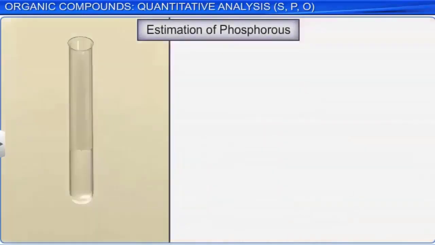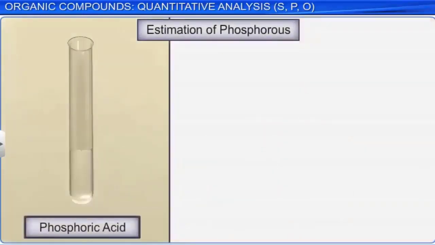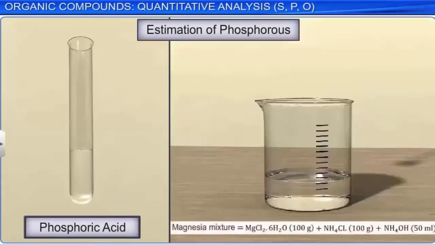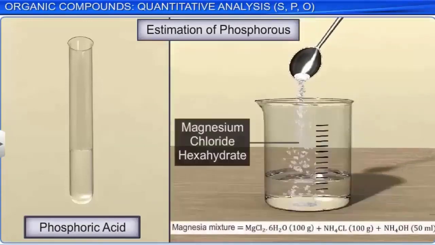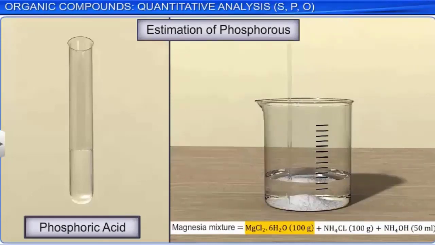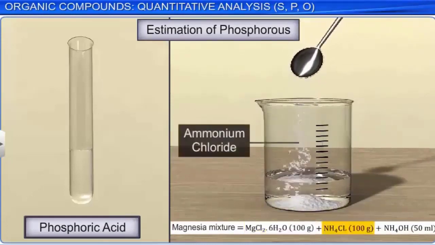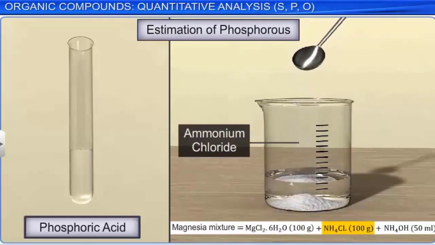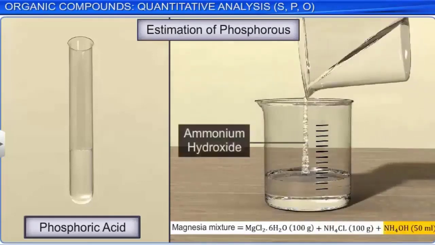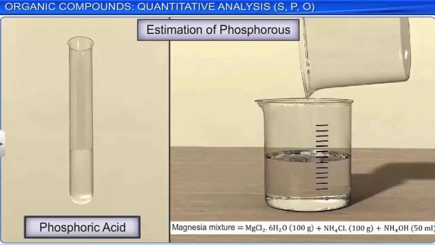Sometimes, phosphoric acid is precipitated by adding magnesium mixture. Magnesium mixture is obtained by dissolving 100 grams of magnesium chloride hexahydrate and 100 grams of ammonium chloride in water. To this, 50 ml of ammonium hydroxide is added and the solution is diluted to 1000 ml.